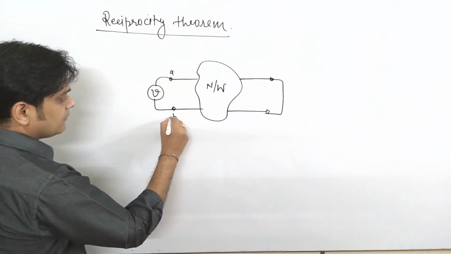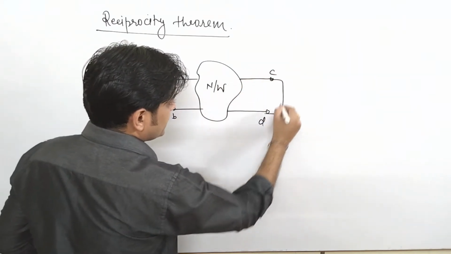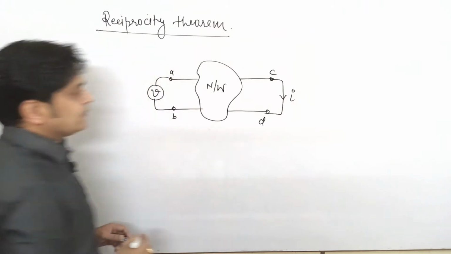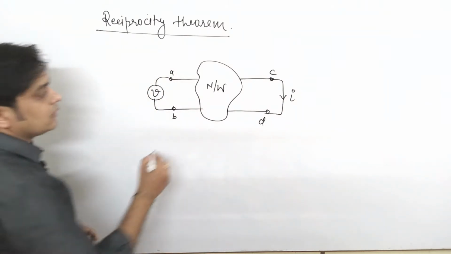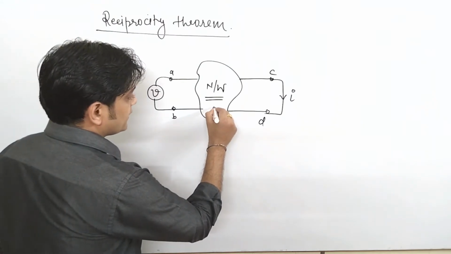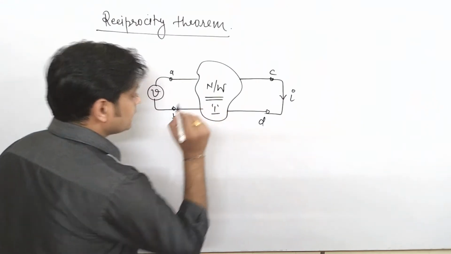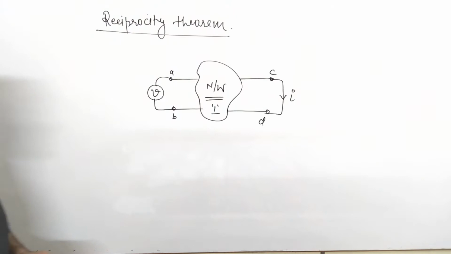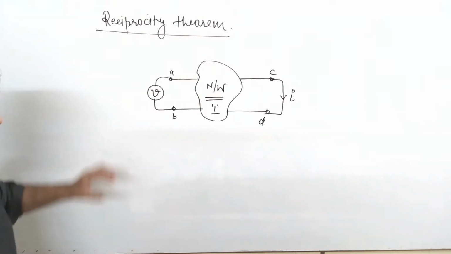This is terminal AB. This is your terminal CD, and let's say some current I is present here. So this is your one network. For the time being I will call this network, say, network 1. So what does reciprocity theorem state?